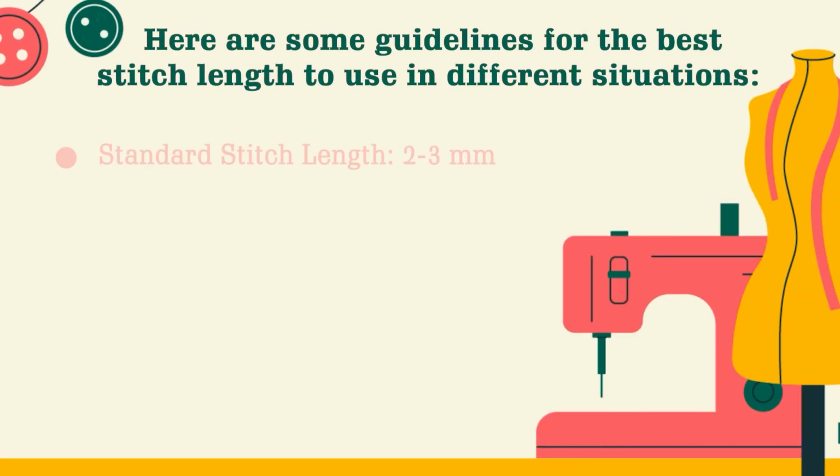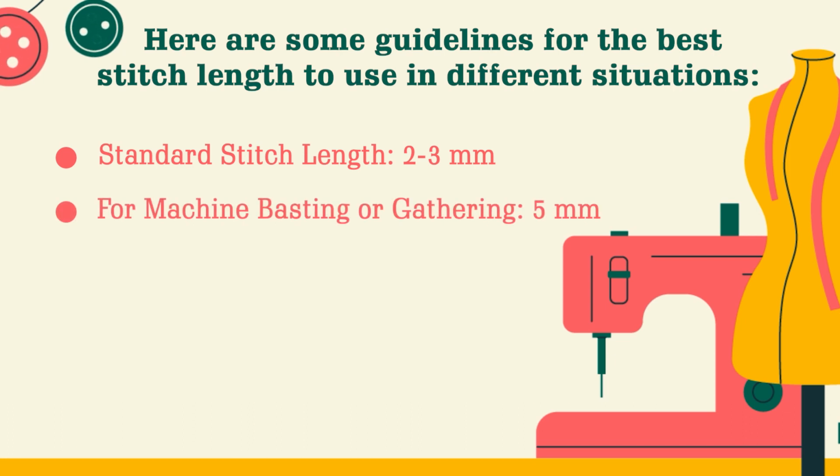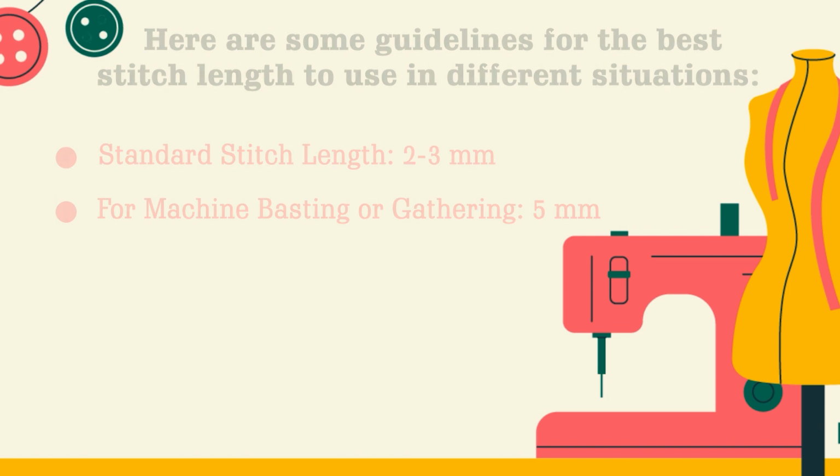So there are some guidelines for the best stitch length to use in different situations. A standard stitch length is 2 to 3 mm. So you can fix the dial at 2 or 2.5 or 3. For doing machine basting or gathering, the stitch length should be 5 mm.